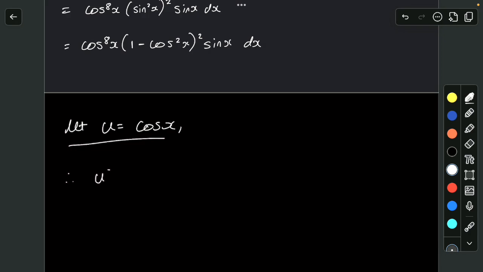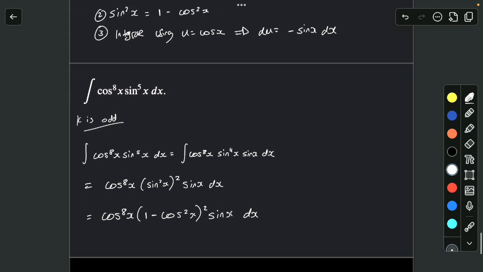we get u^8 (1 minus u^2) squared, and sin x dx. What does that equal?